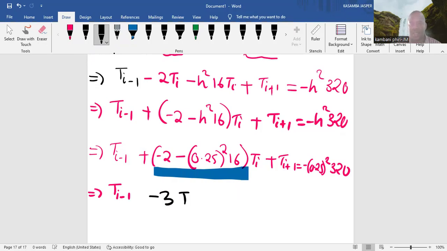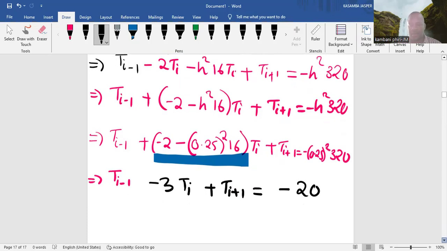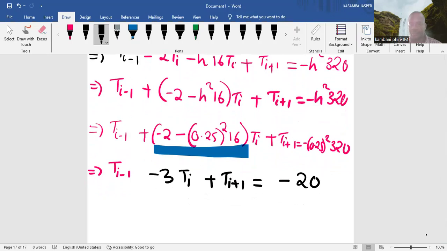Now there's ti here, plus ti plus 1 is equal to, when you work it out, you get negative 20. So this is our finite difference scheme.